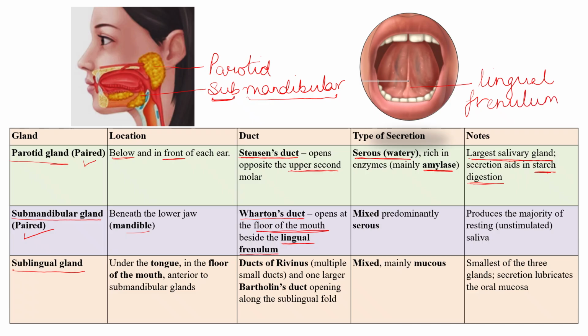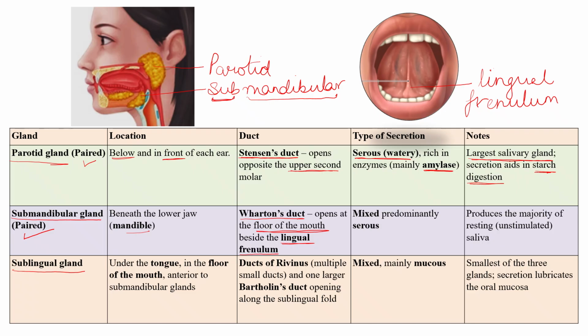And what is lingual frenulum? It is a fold of mucous membrane that connects the underside of the tongue to the floor of the mouth. That is, via the lingual frenulum, the tongue on its lower side is connected to the floor of the mouth.